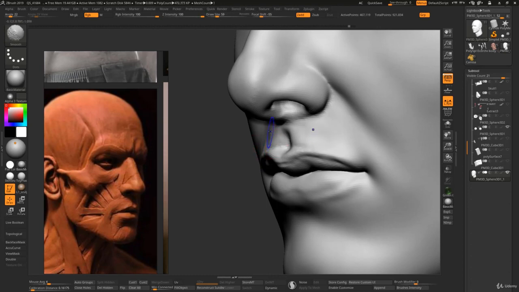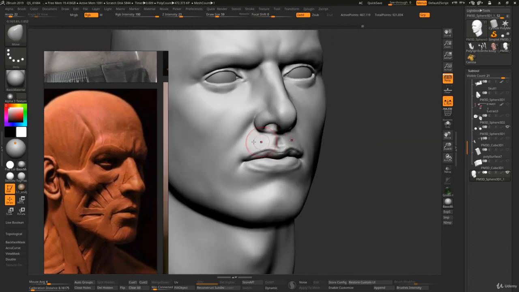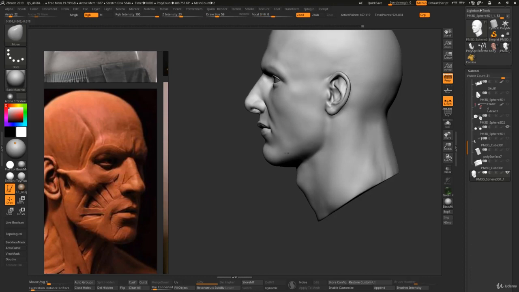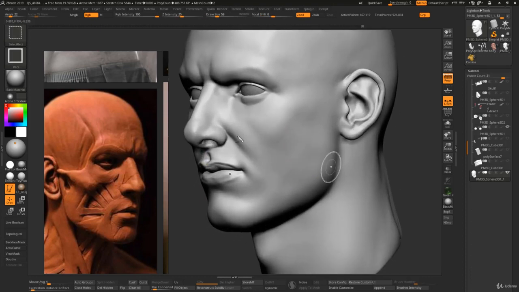Also it is important to notice this region of the upper lip. All right. And one thing that we said, let me show you. No, I don't want square, I want pen.